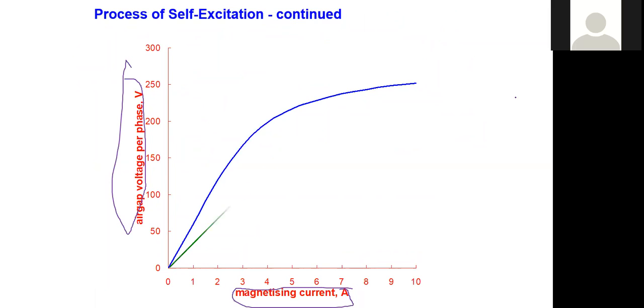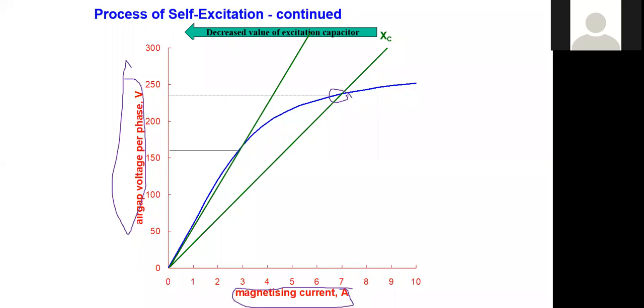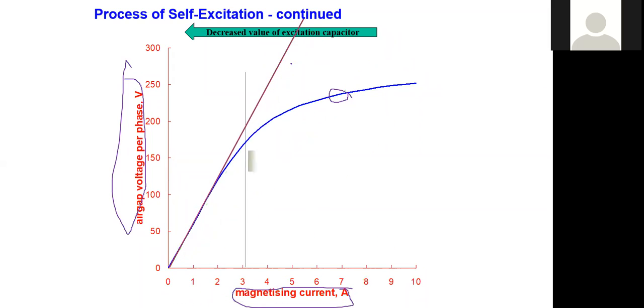For a particular value of the capacitive reactance line, this voltage will be generated, and then you get your characteristics. If you further decrease the value of the capacitor, it will lose the self-excitation. So we can see that the operating region of the self-excited induction generator is always the saturated portion of the magnetization characteristics.